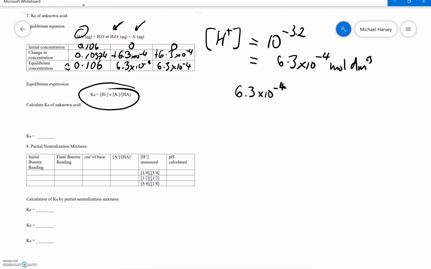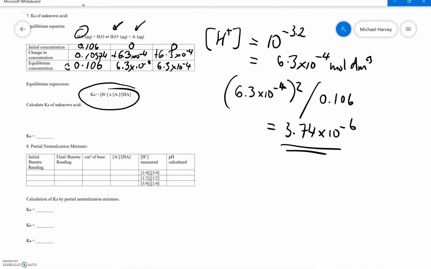And because the concentration of the conjugate base is the same, we can just square that, and then divide it by the concentration of the acid itself. Okay, so now we have a value for that, and if I get my calculator out, it's going to be equal to 3.74 times 10 to the negative 6.